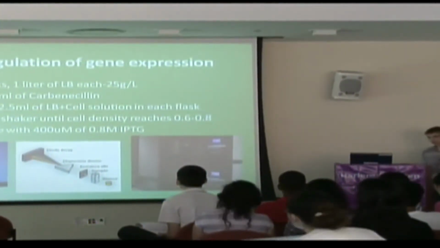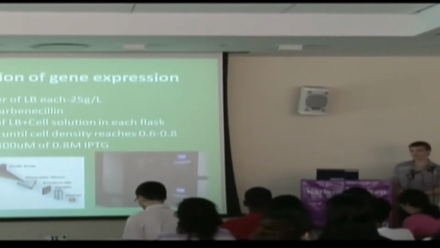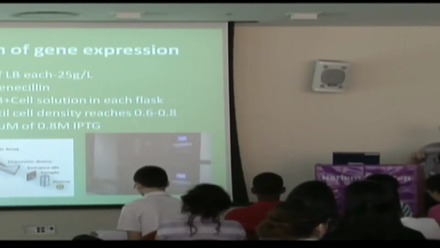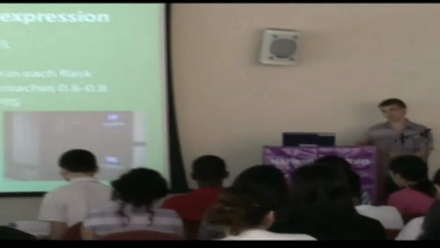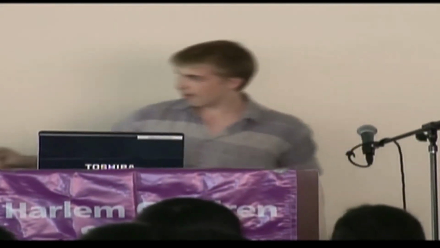After a couple of hours, we have to wait till the cell density reaches 0.6 to 0.8. Now, what is cell density? Over time, cells grow, right? So per same volume of LV or whatever media you have, more cells accumulate. And you check the density of your cells using a nanodrop. Nanodrop is the machine you see.